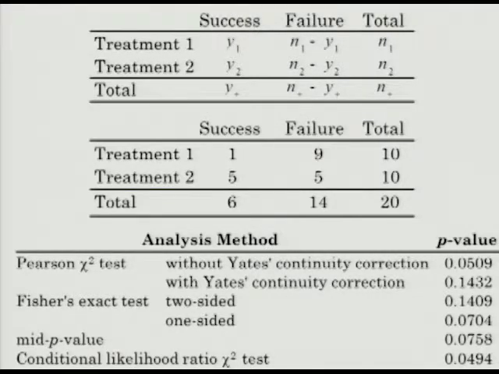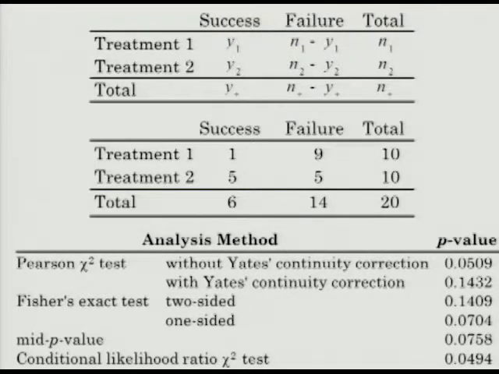What I would like to talk about is the analysis of 2x2 tables. Many of the examples that are given concerning the foundations of statistical inference are what might be called toy examples. They're helpful for illustrating principles, but they're never things that you would actually do in real life.